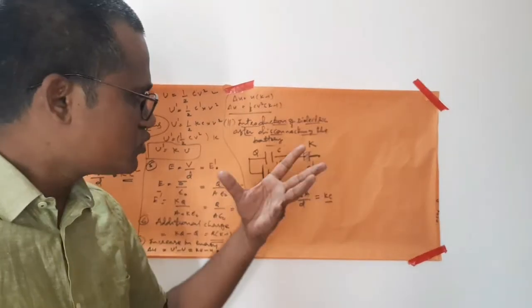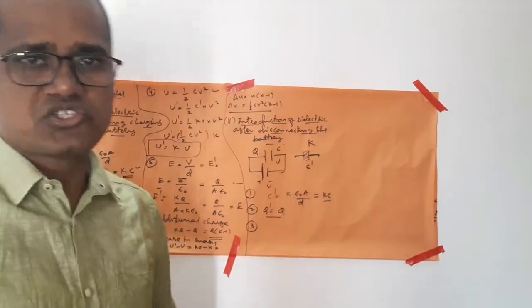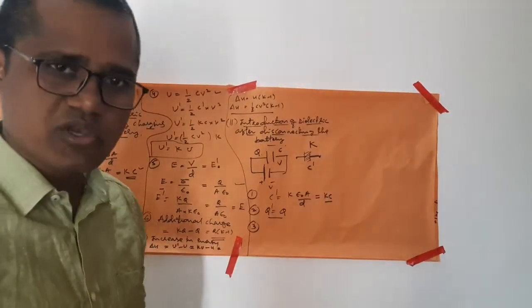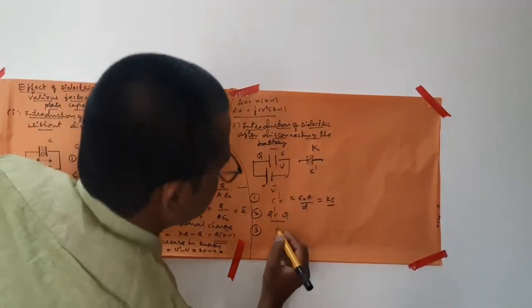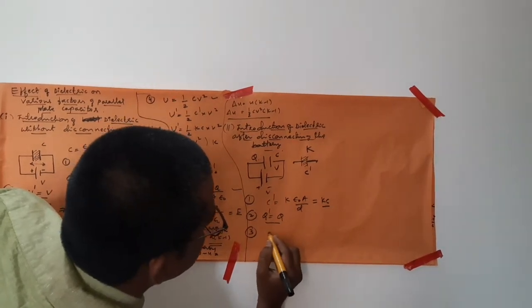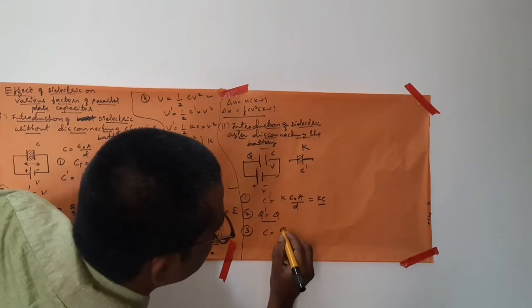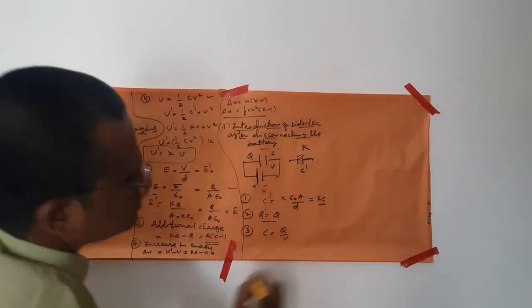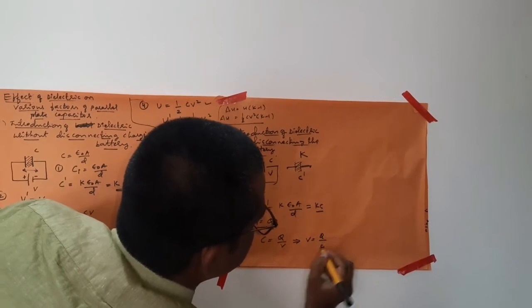Some energy has been given to arrange them, and the whole setup happens inside the dielectric. Let me go with this equation. C is equal to Q divided by V. Therefore V is equal to Q by C.